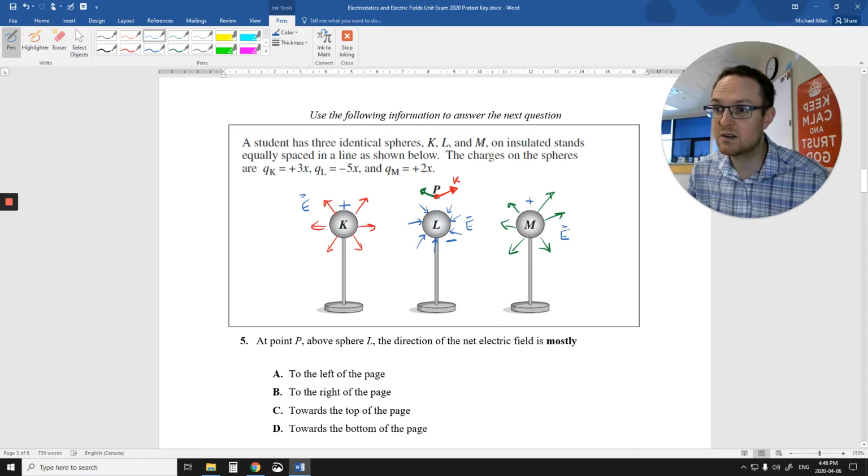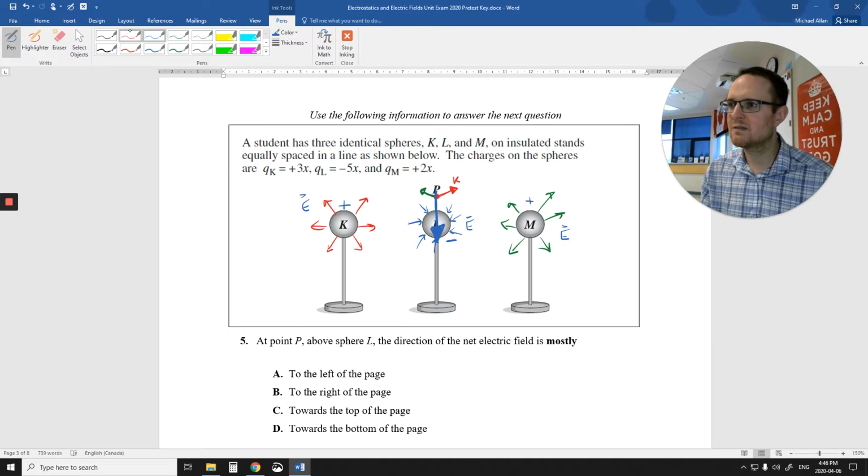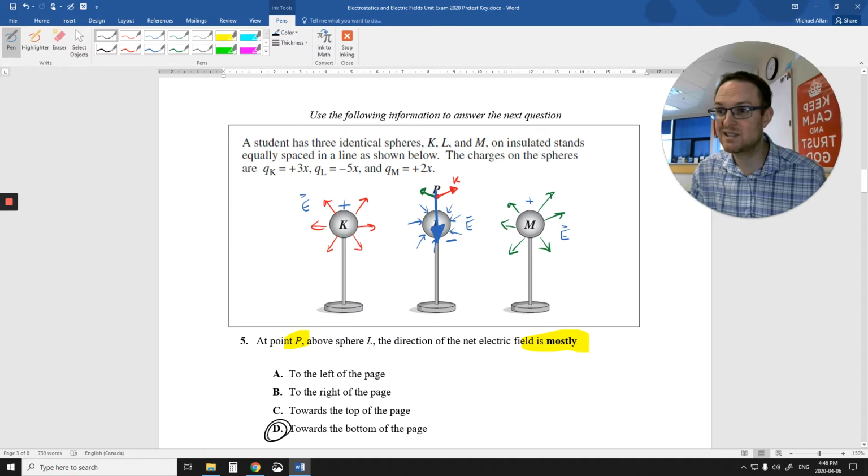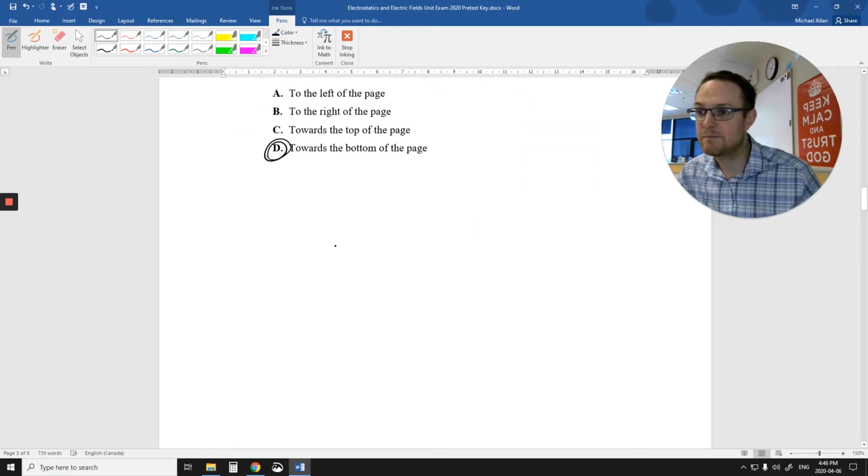So this distance is close, and its charge is bigger as well. So there's an arrow pointing through P right now that's going downwards, a nice big arrow going downwards. So at point P, the field is mostly going which way? It's mostly going down towards the bottom of the page because of how close it is to L at that point. All right?